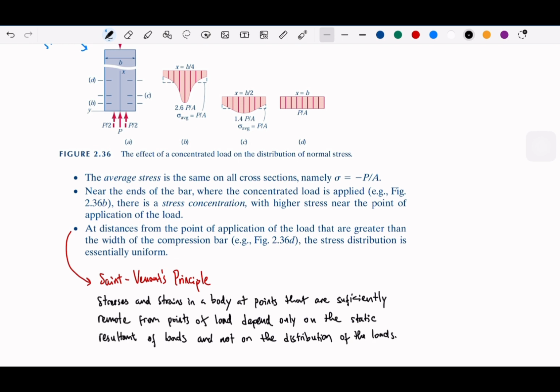However, if we make the observation or the analysis only nearby this load, there will be some distribution differences nearby the single loads, okay, and the one that is quite far.